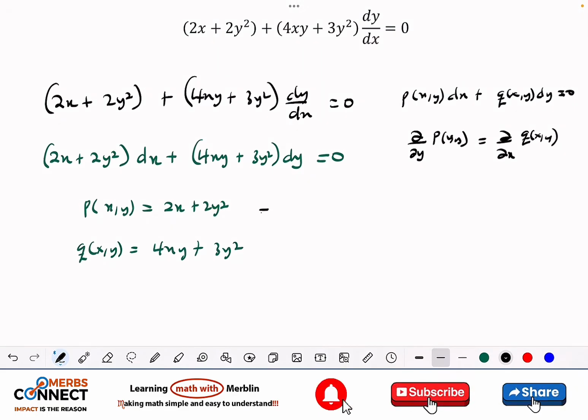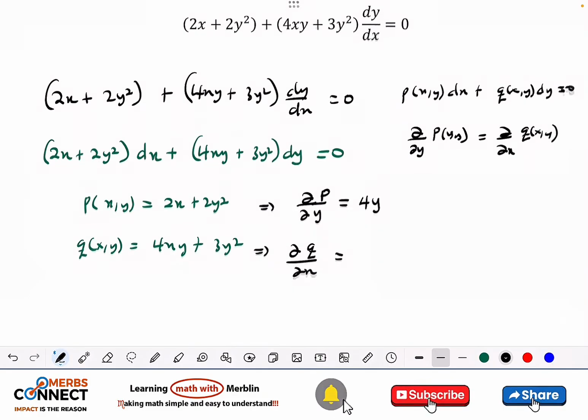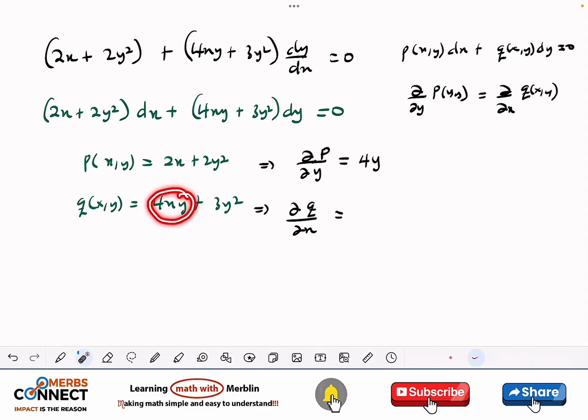Now from here, let's find the partial of P with respect to y. What are we going to get? We differentiate with respect to y. This has no y, so we go to 0. And when you differentiate y squared, what do you get? 2y multiplied by 2, and we get 4y. Now with this one, we take the partial of Q with respect to x. There is x, differentiate the x, you get 1, so it is going to give us 4y.